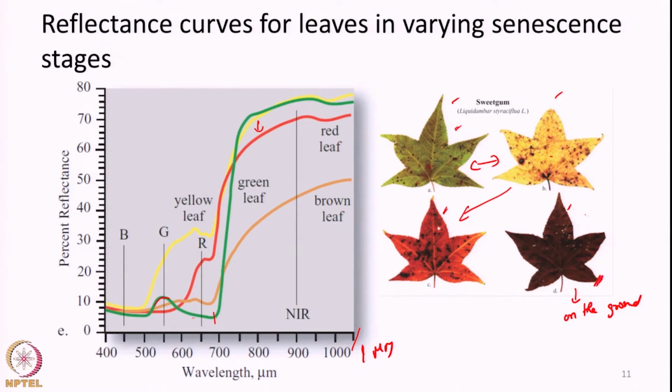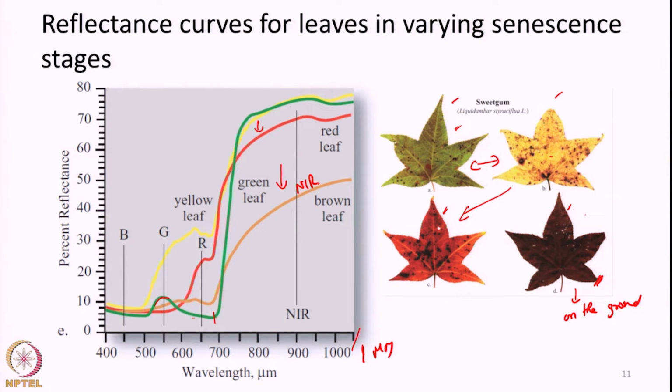For this brown leaf, in the entire visible portion reflectance is pretty low and the reflectance in NIR has fallen down.